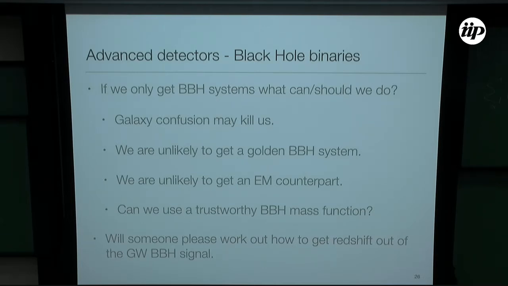But golden, in my case, is that you have high SNR and a small sky localization and therefore one galaxy. Then you know the redshift, irrespective of the orientation. And your distance will be degenerate with inclination, like you're saying, just like all other mergers.